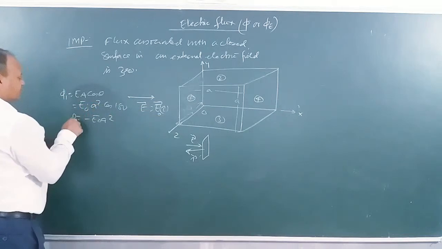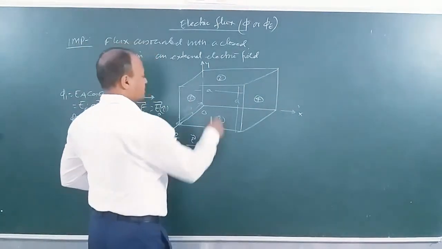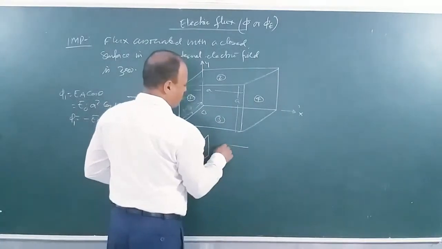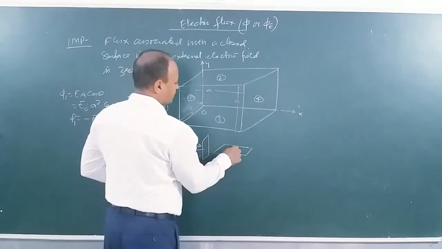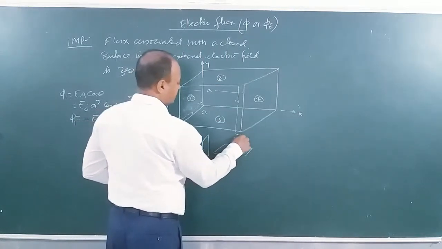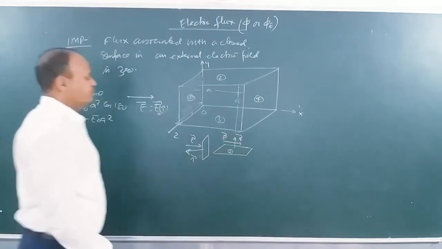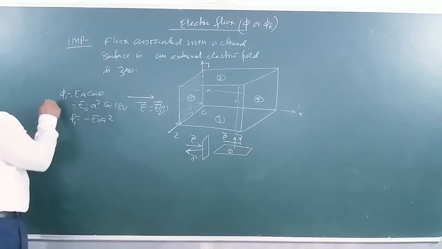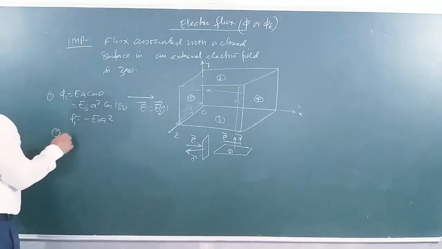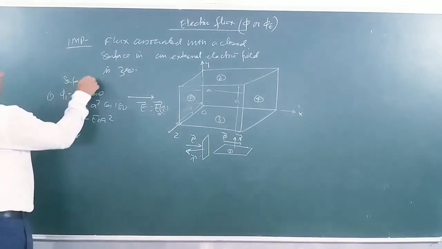This is surface 5. You can see this is surface 2. This area vector A, this electric field E. So theta is how much here? Theta is 90. So this is for surface 1.